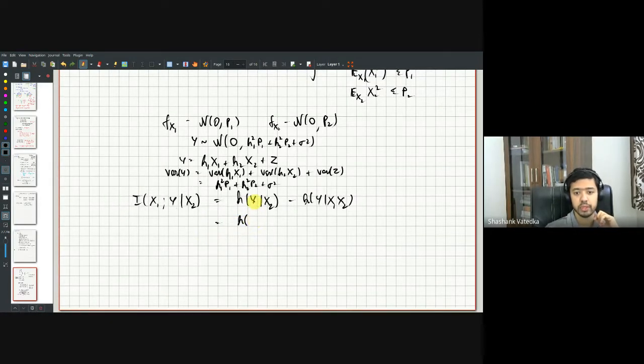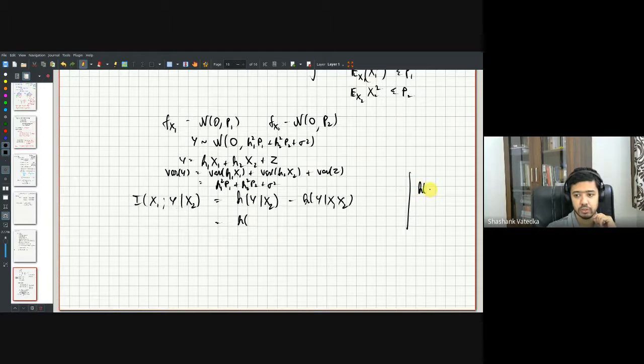So y equals h1 x1 plus h2 x2 plus z. This is the differential entropy of y given x2. Can someone tell me what that would be equal to in terms of x1, x2, z? So here's a hint.